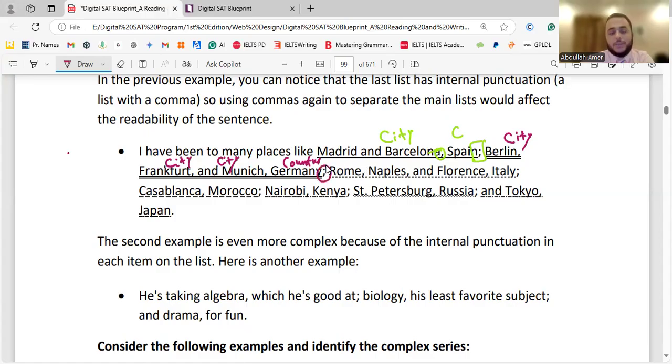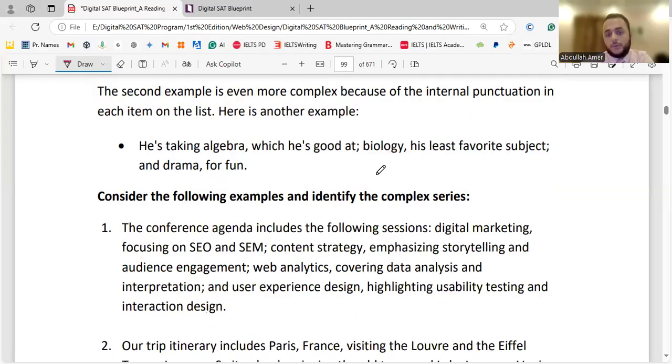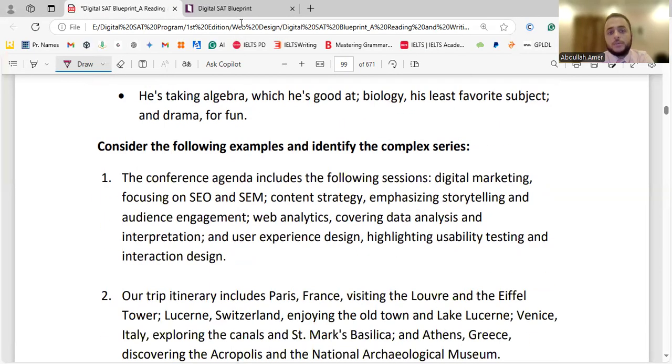So semicolon, Rome, Naples, and Florence, Italy, again, semicolon. Why do we use semicolons here? We don't have two independent clauses, because this is one of the rare uses of semicolons in non-independent clauses.